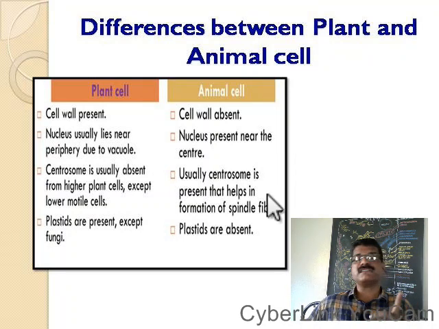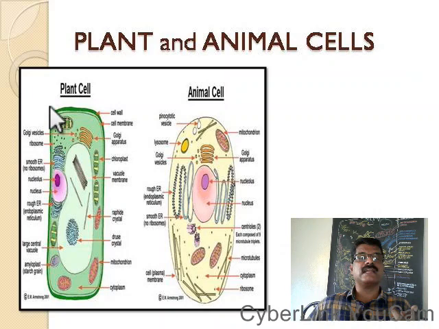Plant cells and animal cells are different from each other only in a few characters. Say for example, in plant cell, a cell wall is present. The cell wall, which is made up of cellulose, is present in plant cell, but in animal cell, the cell wall is absent. That is one difference.